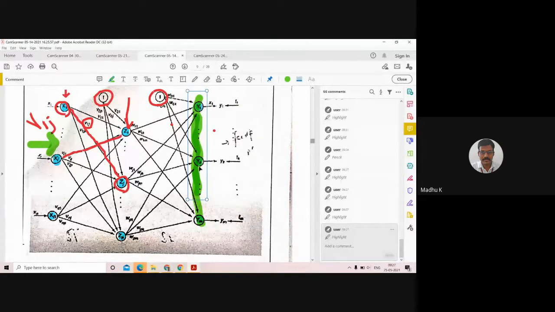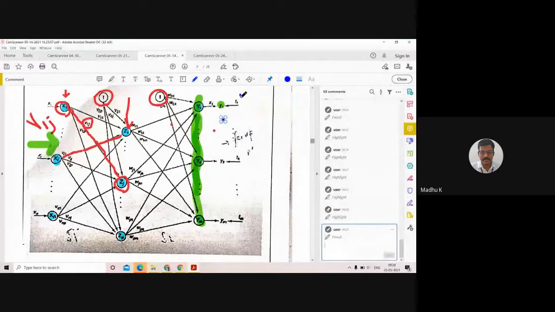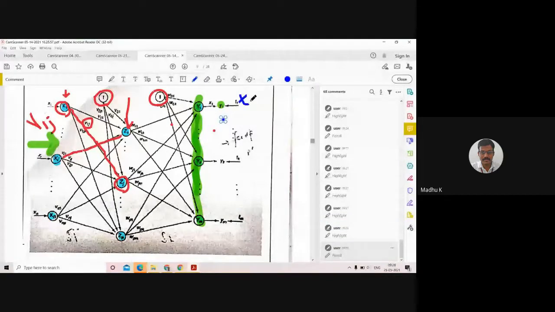Then the output is compared with the target. Suppose this neuron produces an output y1. This is compared with the target value t1.